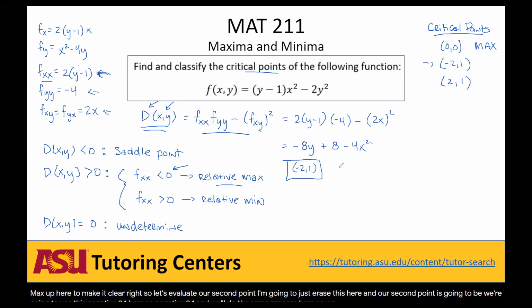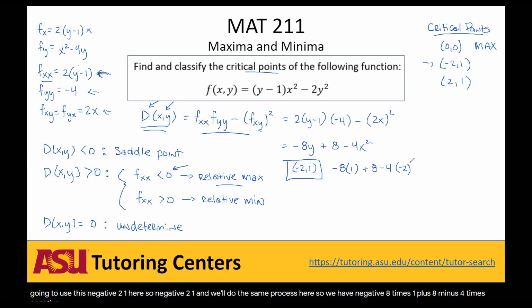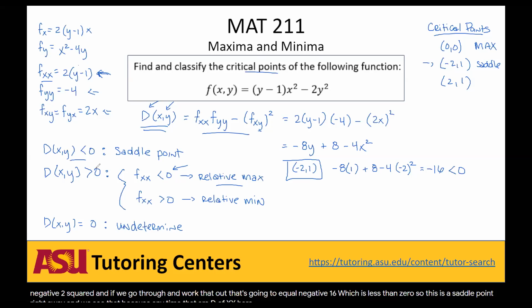So we have negative 8 times 1 plus 8 minus 4 times negative 2 squared. And if we work that out, that's going to equal negative 16, which is less than 0. So this is a saddle point right away. And we see that because any time that our D of x, y here is less than 0, it means that we're at a saddle point.